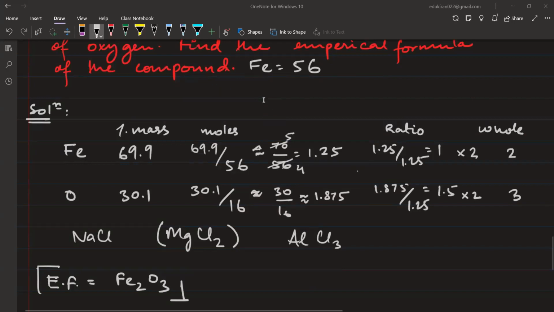Can you please copy this down? Let me know once you're done, and then I can move on to the next question. Arisha, you calculated these without a calculator, right? Yes, sir.